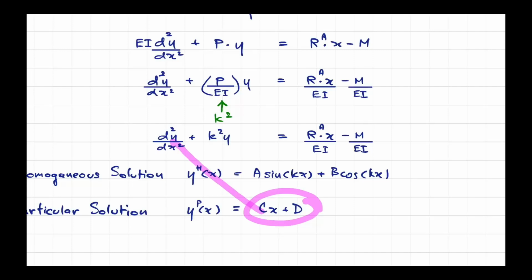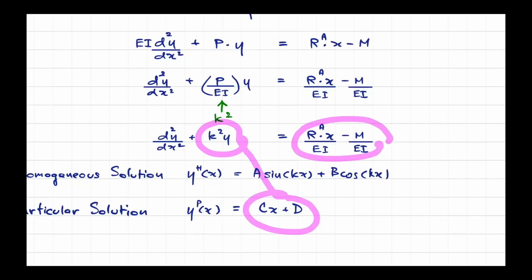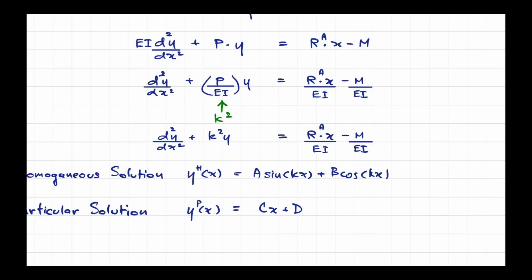Because x to the power of 1, differentiate twice, you don't get anything. For this term, you plug it in, you will get the k square times the Cx plus D equal to this side. Alright, so we will work on that thing. So I'll copy this term to the next page.